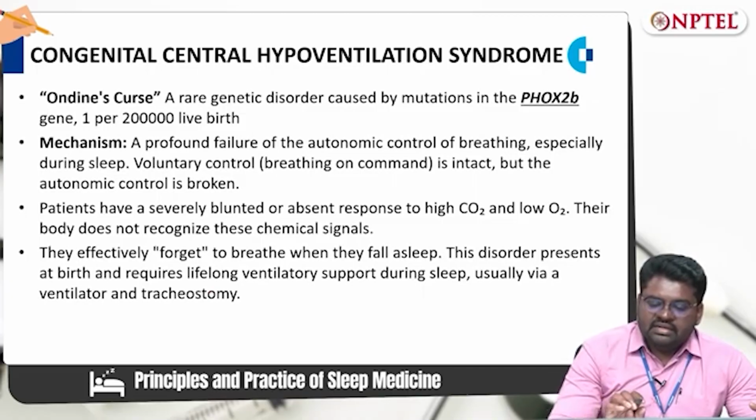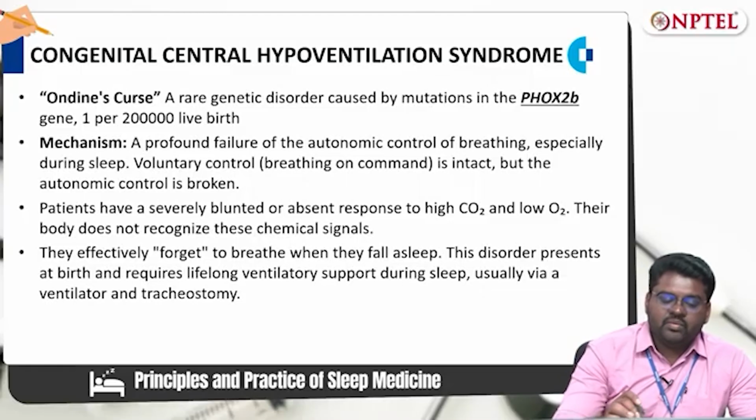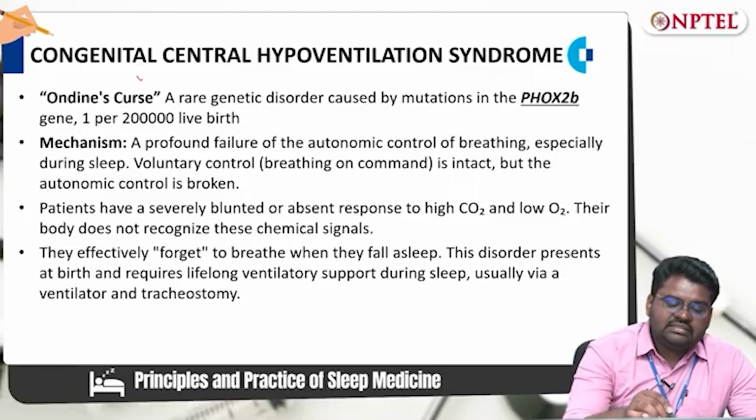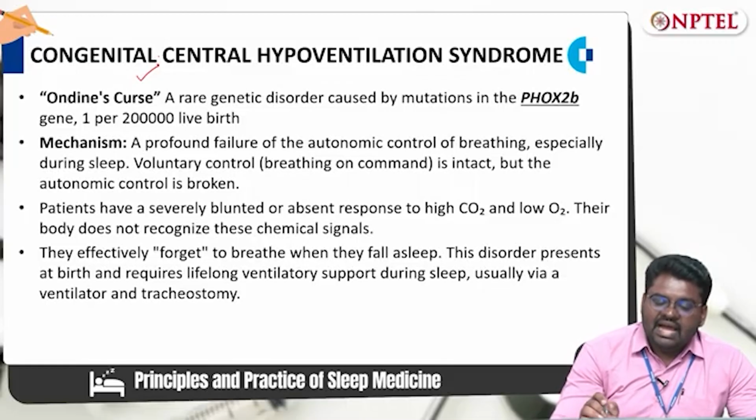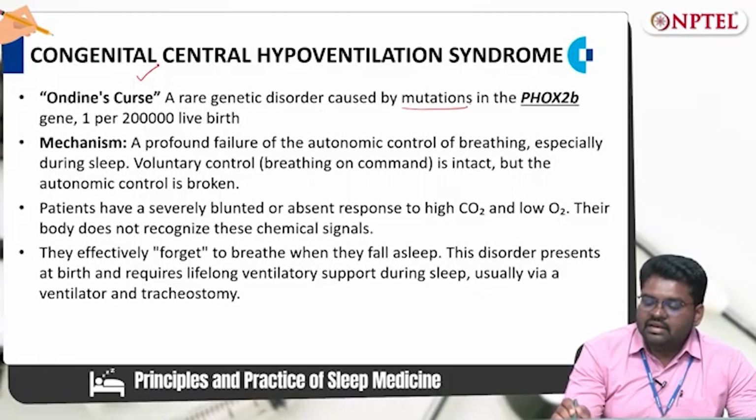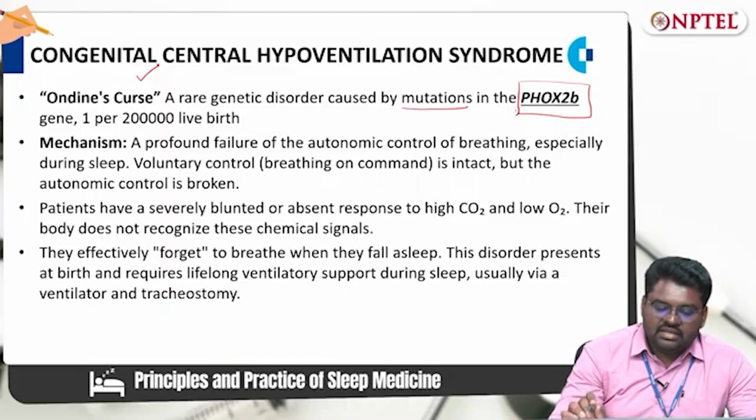Now moving to the individual types of hypercapnic central sleep apnea. The first one is congenital central hypoventilation syndrome, which is also called Ondine's curse. It is a rare genetic disorder caused by mutation in the PHOX2B gene.